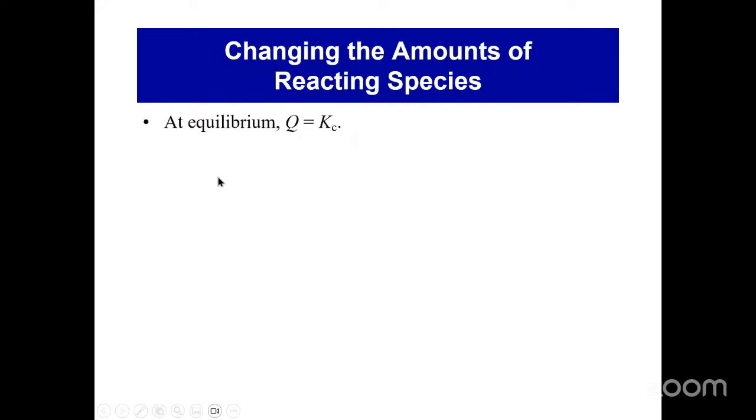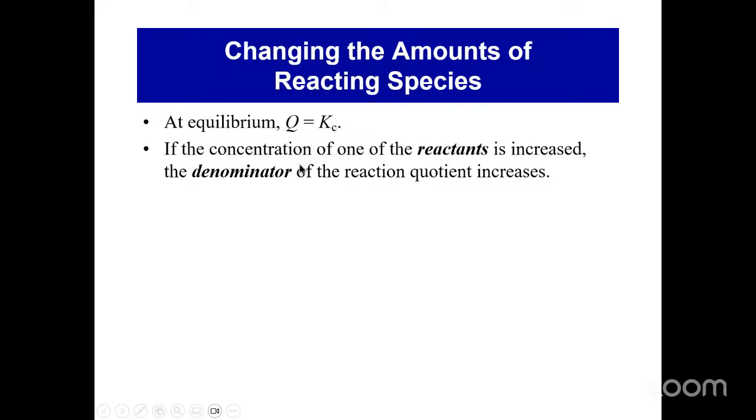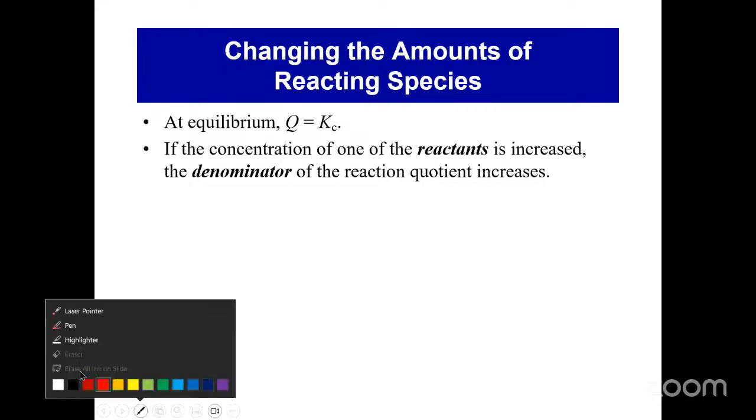Now, remember we said that the reaction quotient is, to summarize, the concentration of the products divided by the concentration of the reactants, right? At any time, okay? And at equilibrium, that ratio will be equal to the equilibrium constant, right? Now, if the concentration of one of the reactants is increased, let me just scribble out something here so that we keep this in mind.